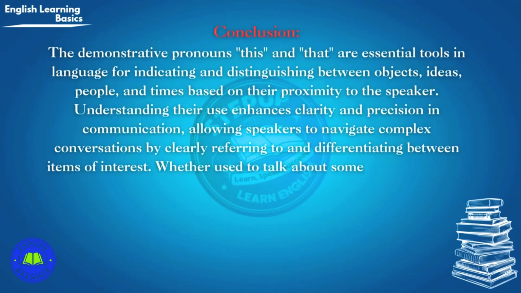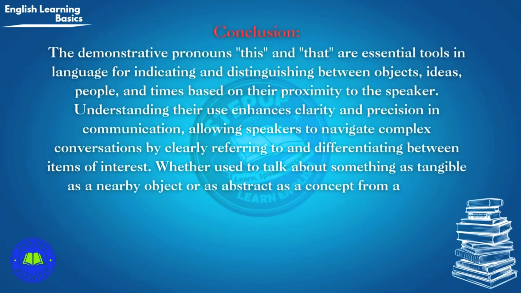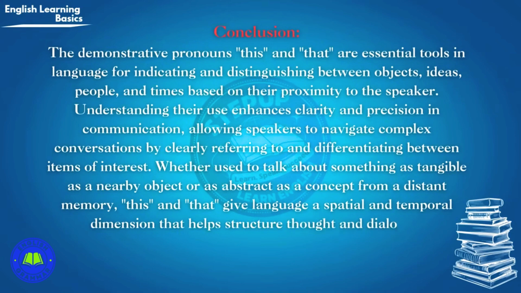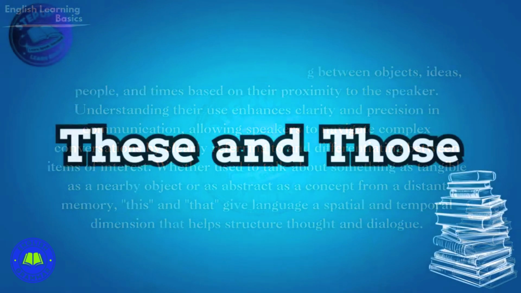Whether used to talk about something as tangible as a nearby object or as abstract as a concept from a distant memory, this and that give language a spatial and temporal dimension that helps structure thought and dialogue.